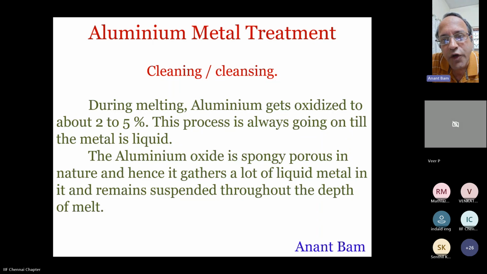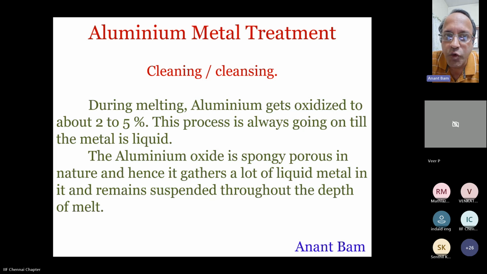But in case of aluminium, the density of aluminium in solid state is about 2.6 to 2.65 grams per cc. And the aluminium oxide density is to the tune of 2.3 to 2.4 grams per cc. So the difference is nominal.